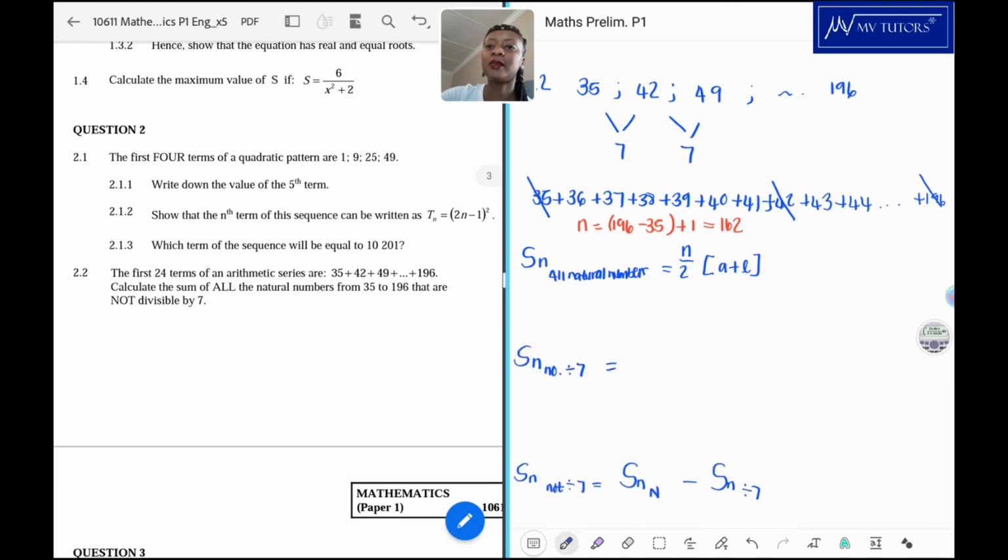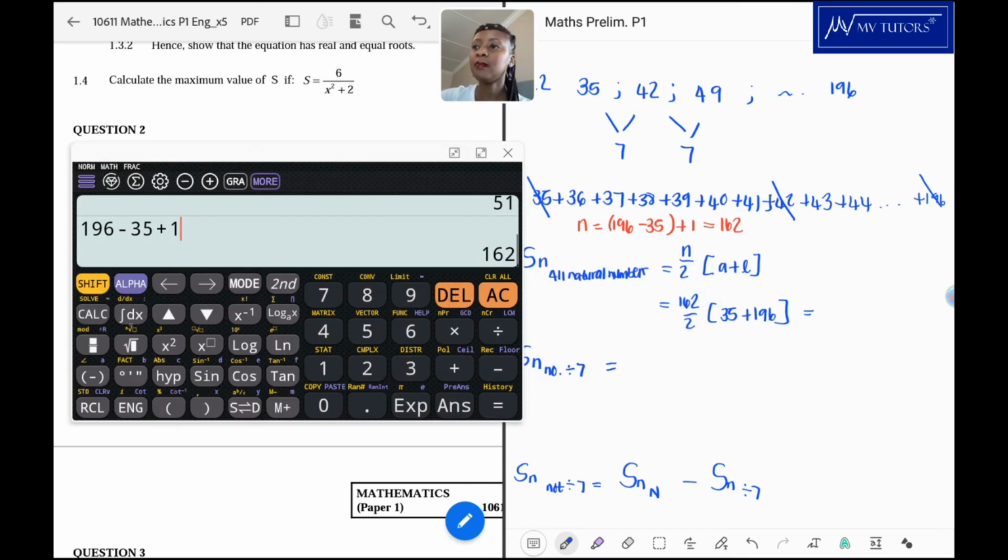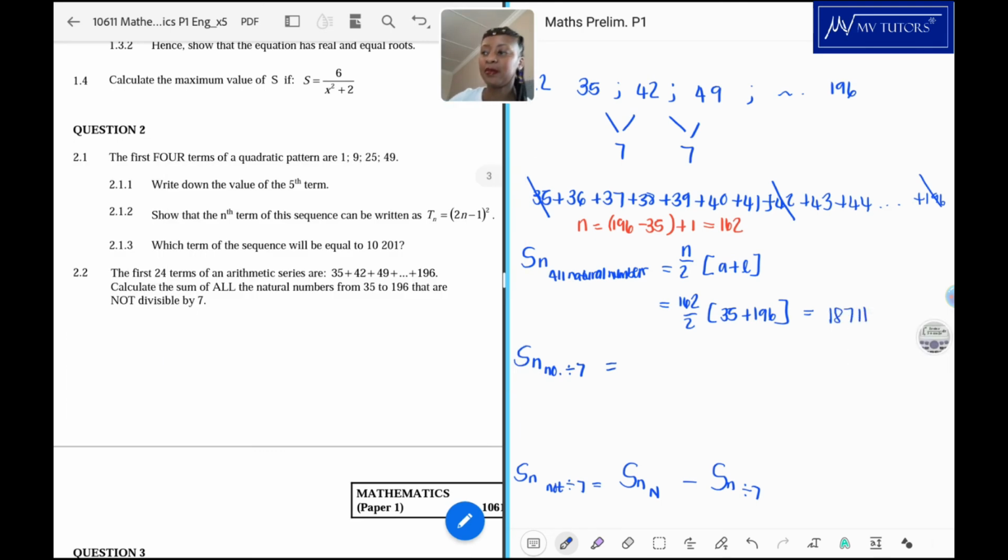So here we have 162 divided by 2, we have 35 plus 196, and then the answer is 18,711. Okay, and now we are going to get the sum of all the numbers that are divisible by 7.